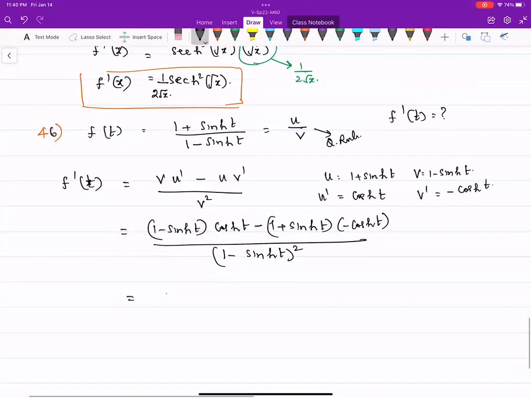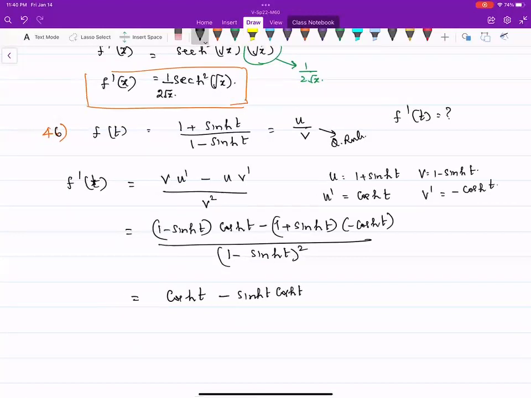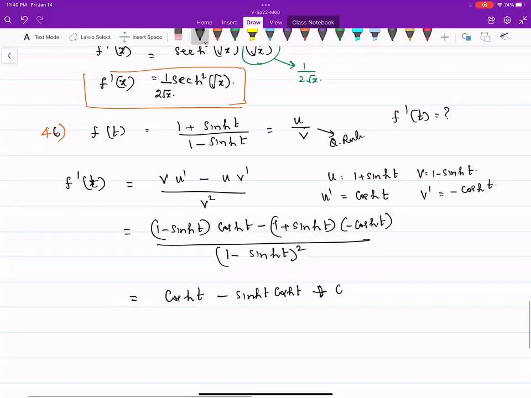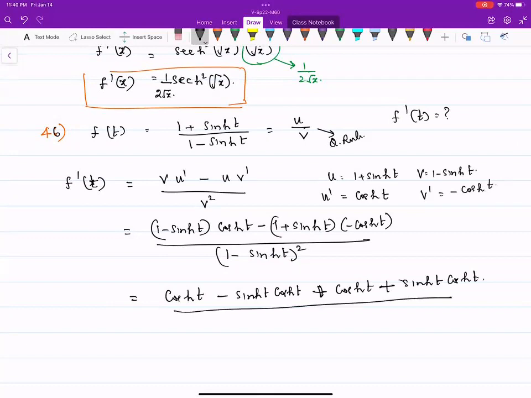Now distribute the numerator, cosine hyperbolic minus sine hyperbolic times cosine hyperbolic. Minus and minus, that will become plus cosine hyperbolic. Then you have minus and minus, that will be a plus sine hyperbolic, cosine hyperbolic. And then of course the denominator remains the same. There is no change on that one.